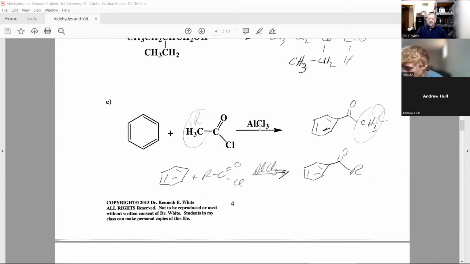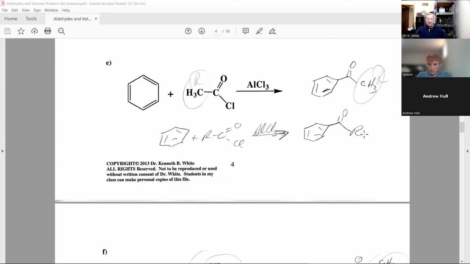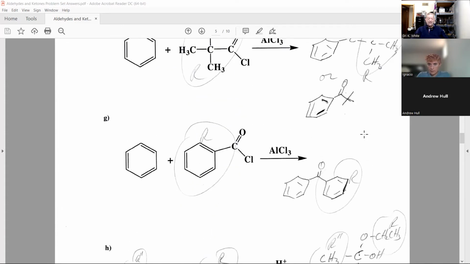That's an acid chloride, aluminum trichloride, Friedel-Crafts acylation. I almost said alkylation. Should be acylation. And benzene ring, acid chloride, aromatic ketone. What's our methyl group? And here's the molecule you get. I'll give you some more chances to do that.